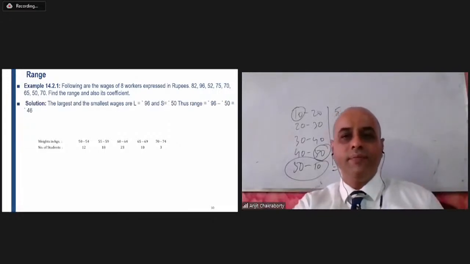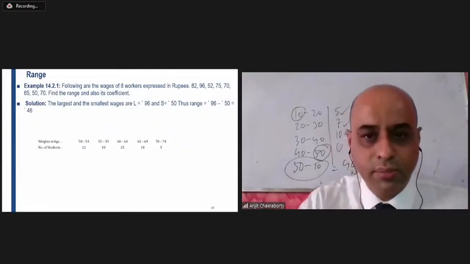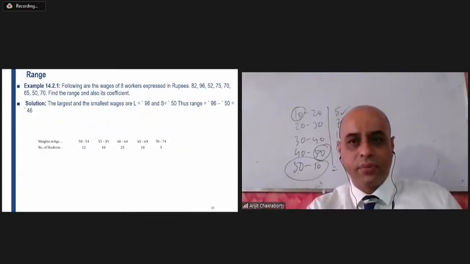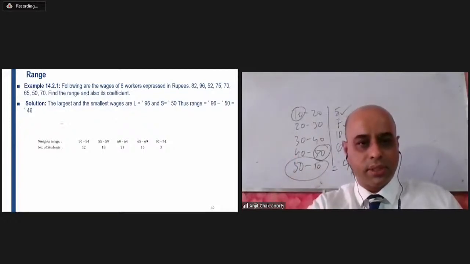First of all, please see 82, 96, 52, 75, 70, 65, 50, and 70. Here the largest number is 96. The smallest number is 50. So one of the workers is receiving 50 rupees, the lowest figure. So the range is largest minus smallest: 96 minus 50, that is 46.